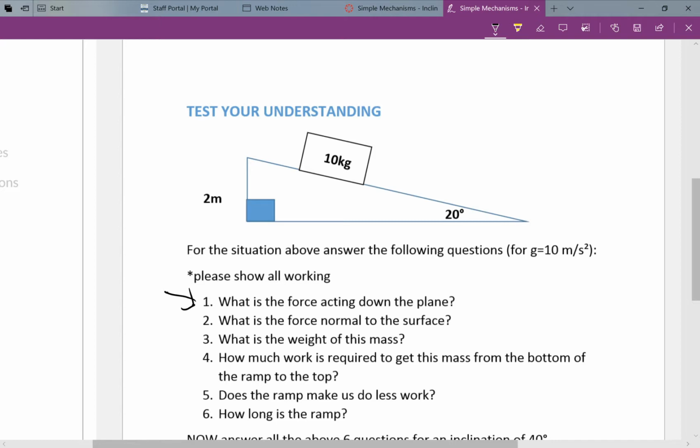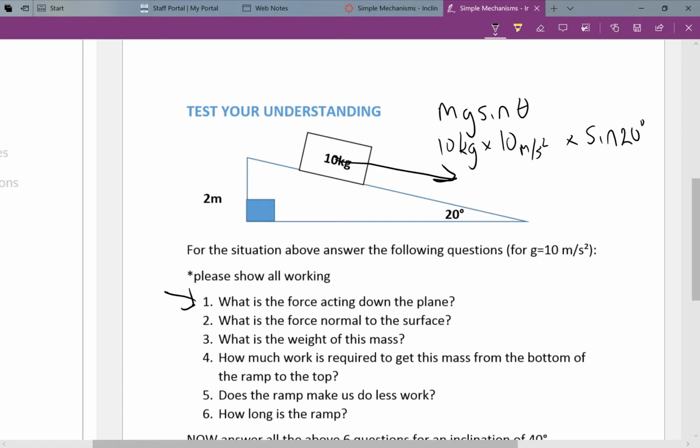So what we need to do is we need to know that from the center of gravity, the force acting down the plane is equal to mg sine theta, where m is the mass, which is in this case 10 kilograms. Gravity, we're going to say, is 10 meters per second squared, so times 10 meters per second squared, and then we times it by sine 20 degrees.